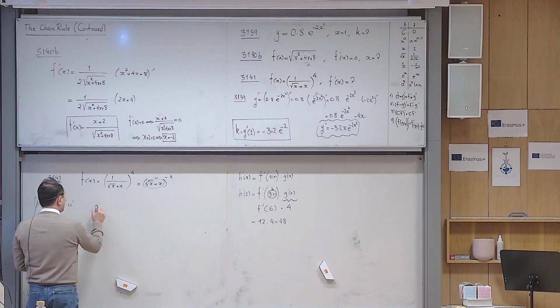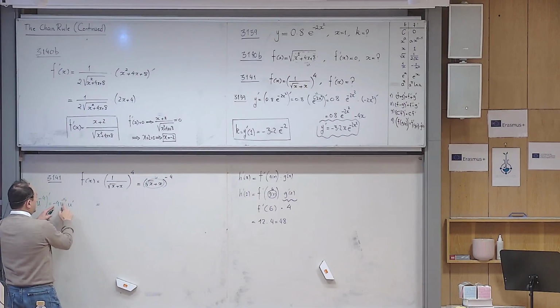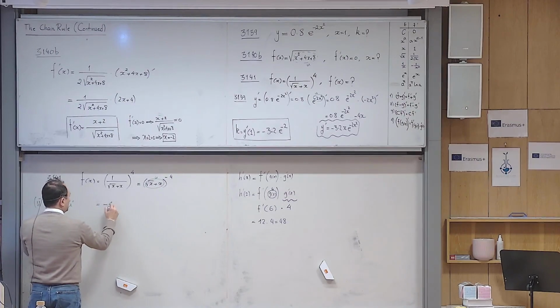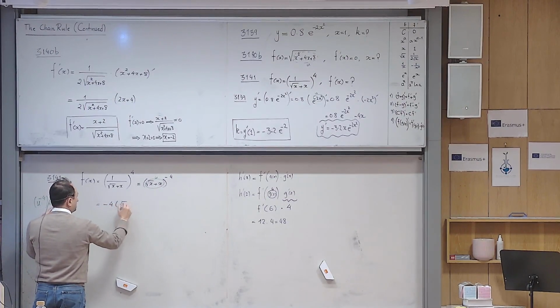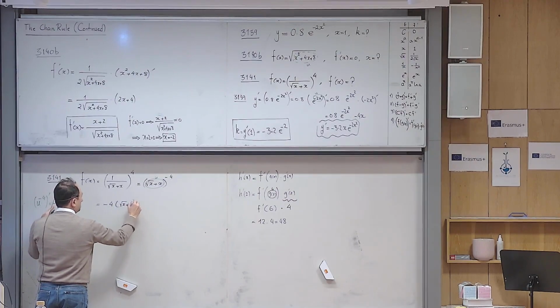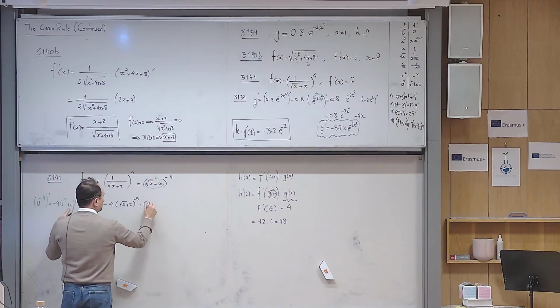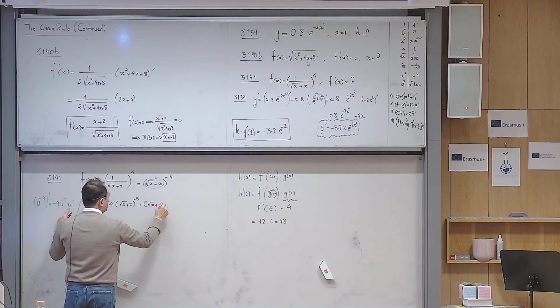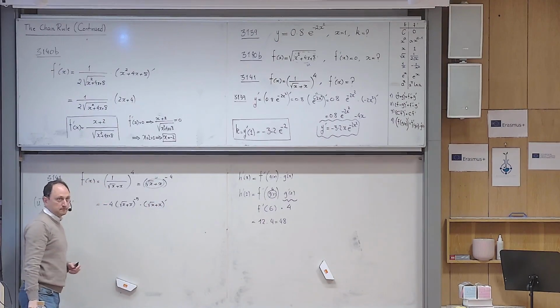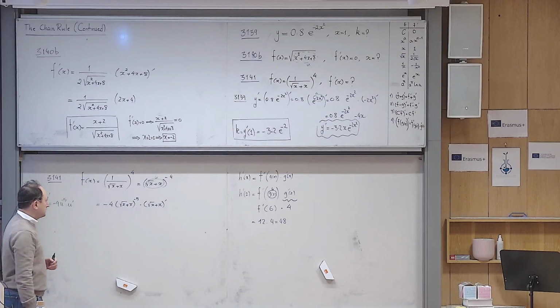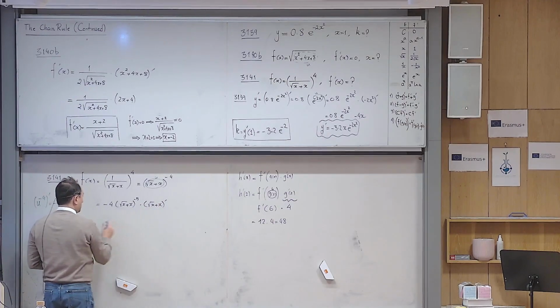So what happens? Minus 4u to the power minus 5, where u is that guy, but multiplied by u prime. The process is not finished because I have a u prime left.